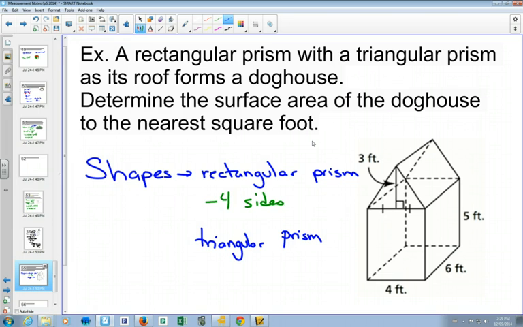Can you see that there's going to be 2, they're not all the same? The rectangles are not all going to be the same here because some of them have a bottom length of 4 and some of them have a bottom length of 6. Now what are the shapes when we figure out the surface area of the sides that are showing as part of the triangular prism?